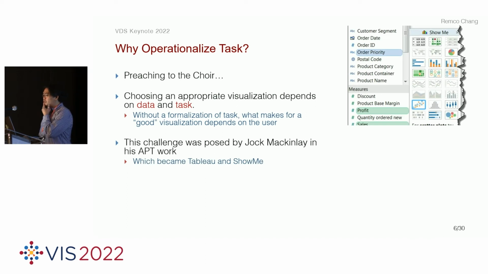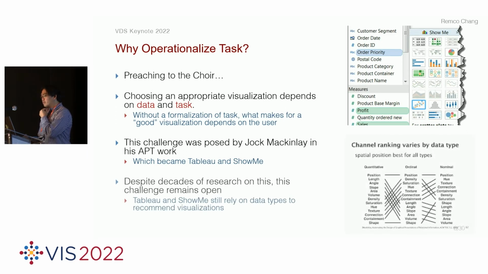This challenge was originally noted by Jock Mackinlay in his thesis, the APT work, which became Tableau and Show Me. But even though we've had decades of working on this, the challenge of how to operationalize tasks remains open. By and large, software systems like Tableau and Show Me still rely on data types to recommend visualizations.